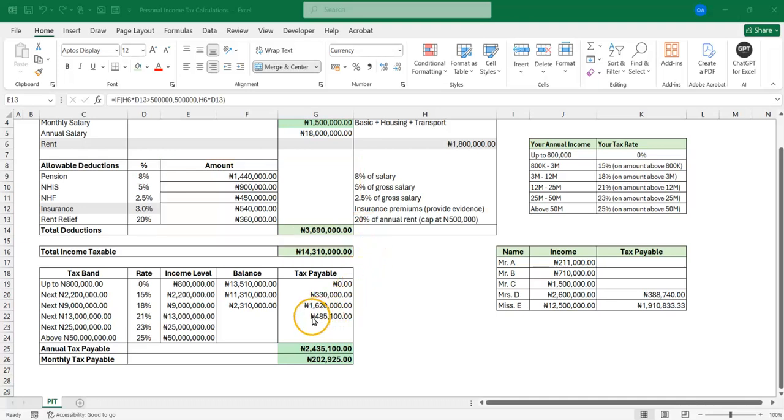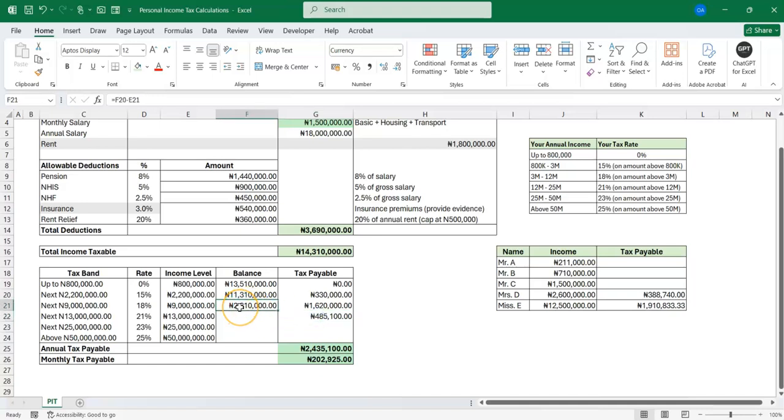So from there we can go ahead to calculate our taxable income, and you can see that the taxable income has automatically computed because we are not having any negative value from here. I can go ahead to recalculate just to be sure of what is happening. So I only have to calculate for the last one.